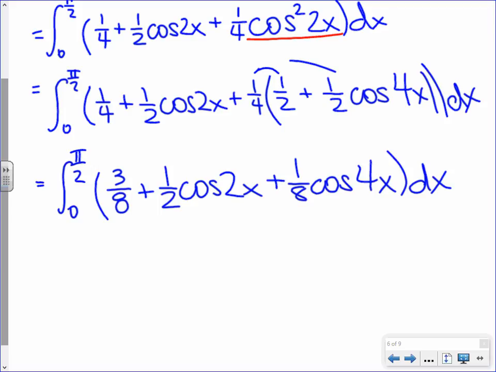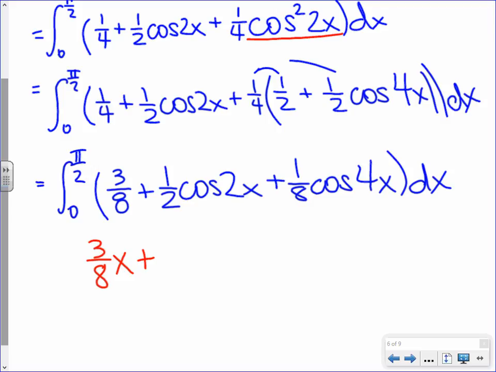All right, can we take our antiderivatives? This is exciting, right? 3/8 x plus the antiderivative here.